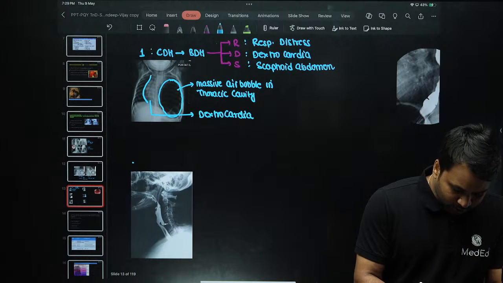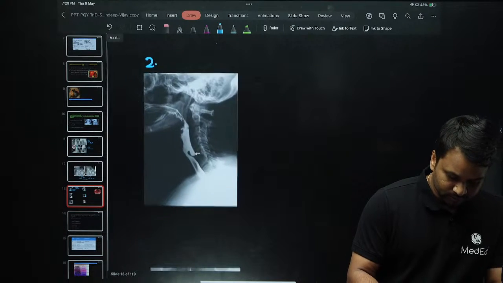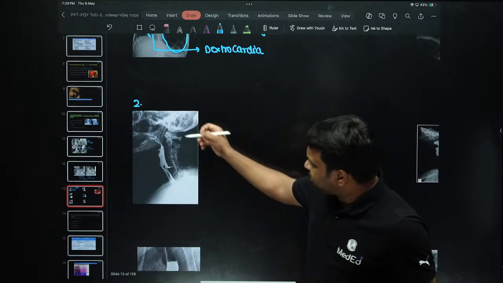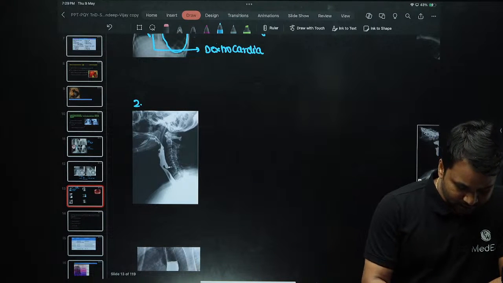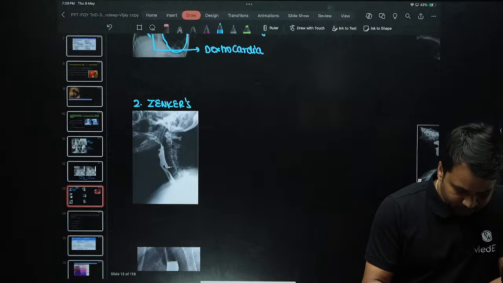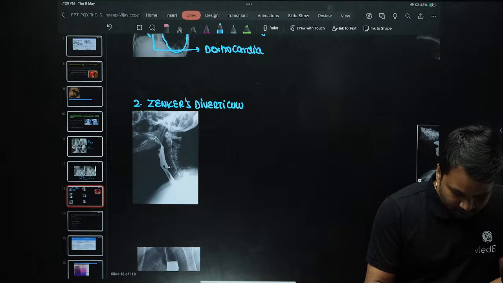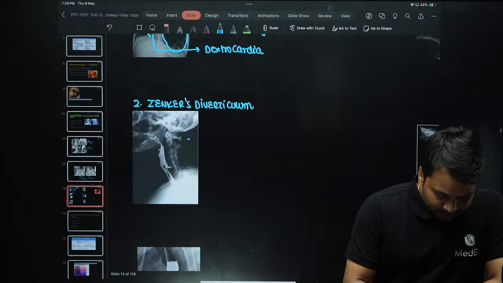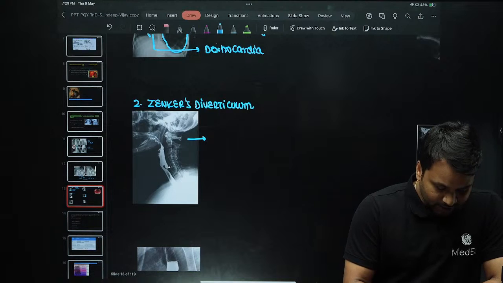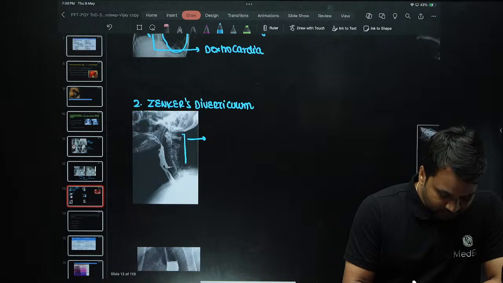Now, what is spotter number 2? Any idea? Anybody want to comment? You can see a barium swallow is there, and there is a pouch that is collecting it, and that is going to be your Zenker's diverticulum. How do you know it is Zenker's? You can see it is present in the cervical region. This is the base of the skull and this is your cervical vertebra.